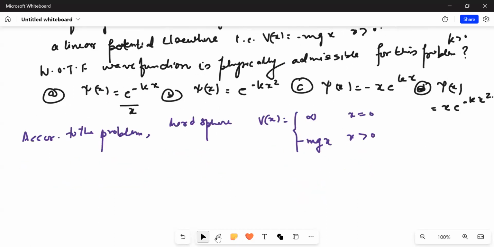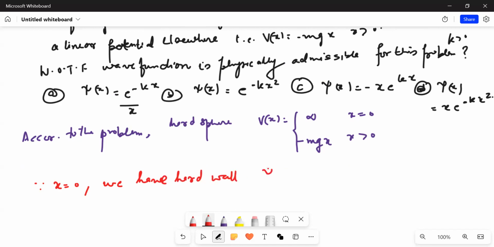Now, since at x equal to 0 we have a hard wall, clearly psi dash will have some finite discontinuity at x equal to 0. One thing is very much clear.